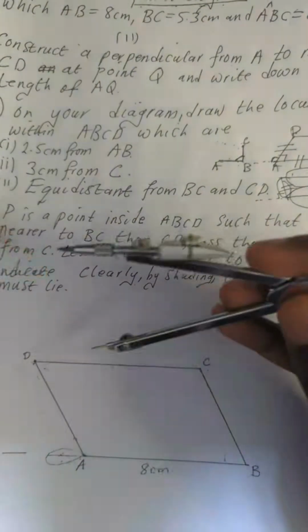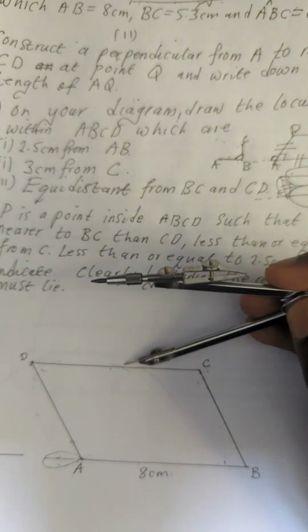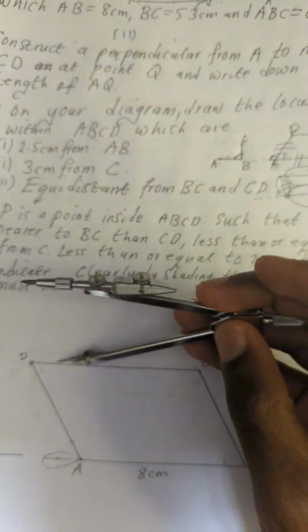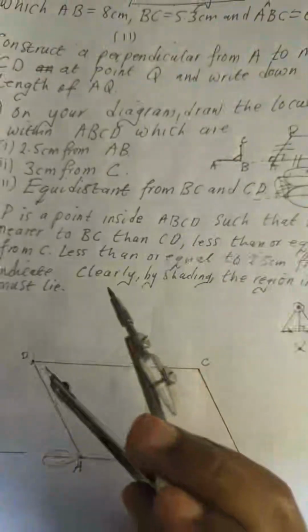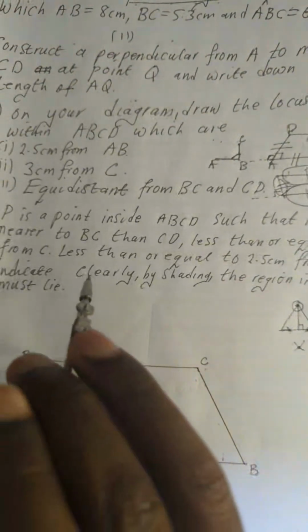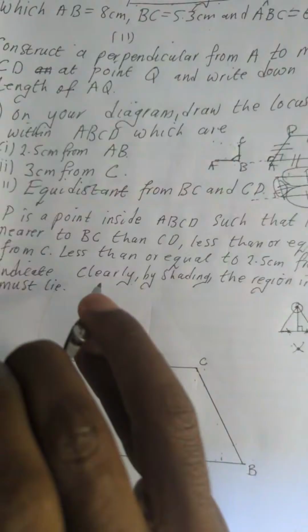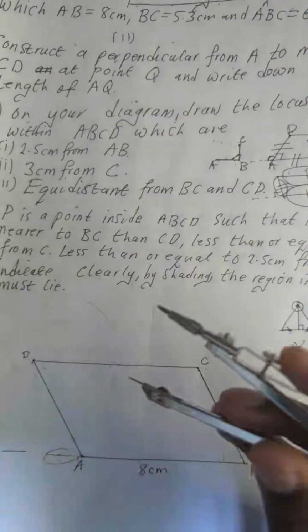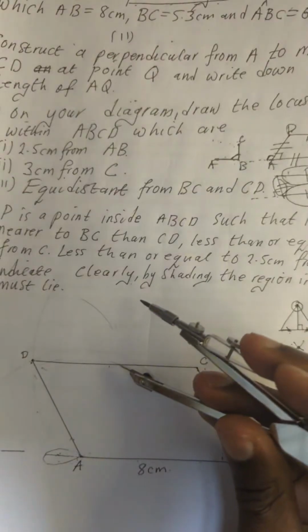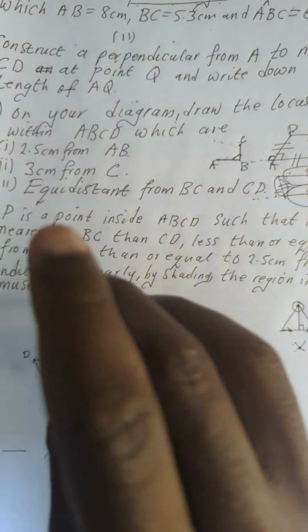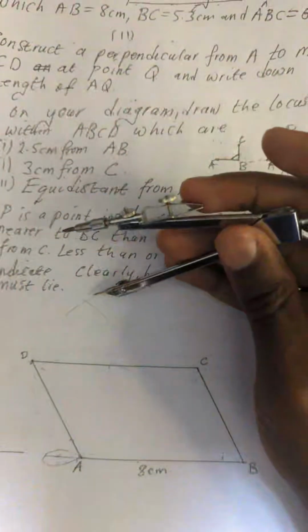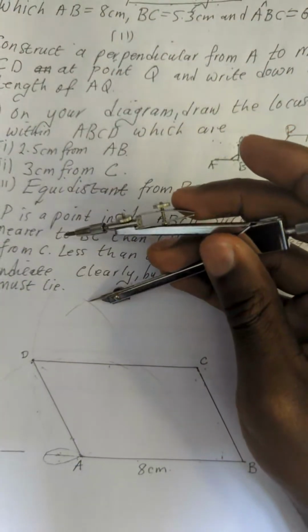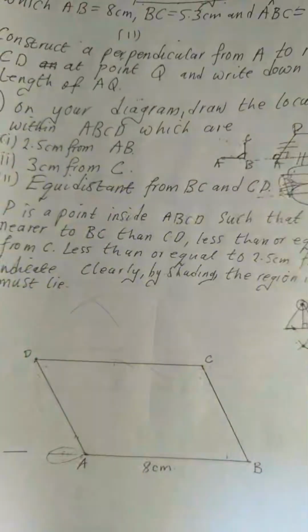There are 2 faint arcs, hope you can see, one here and here. Next, we stand where the arc cuts CD and do another arc. I'll make it a bit short and do another arc. Again I'll stand where the arc cuts CD and also do another arc. So the 2 arcs meet here, right? Where the 2 arcs meet, we connect this point with A, like so.